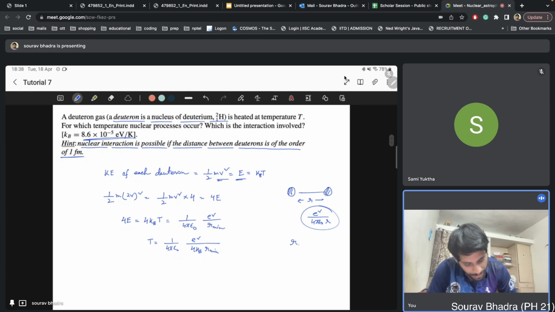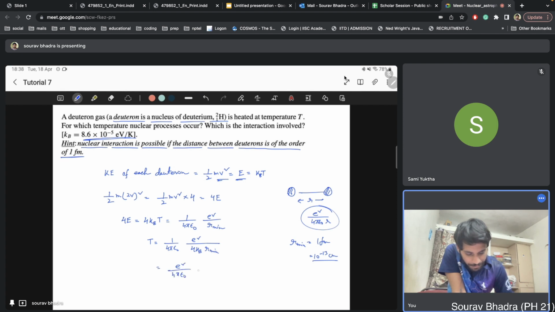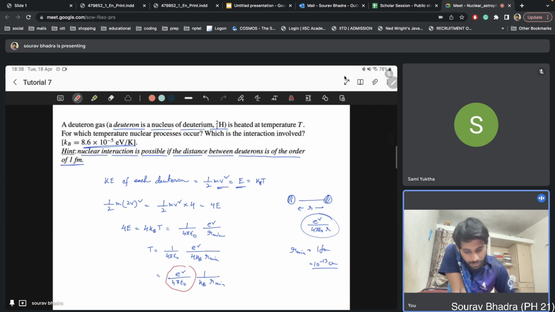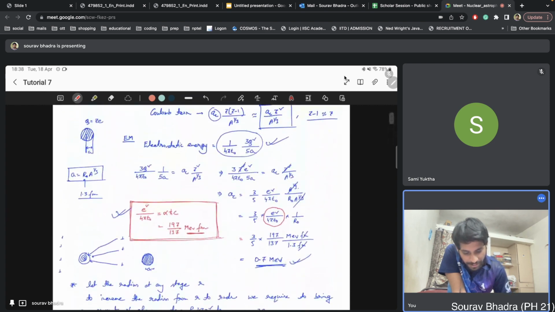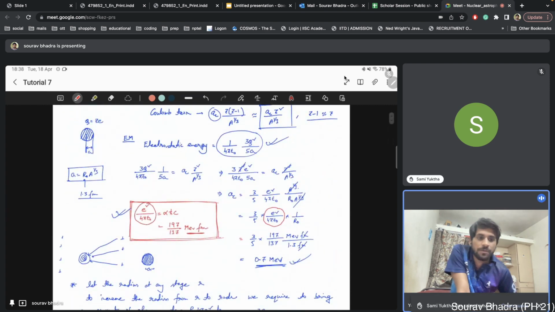So our r min is 1 femtometer, that means 10 to the power minus 13 centimeter. We will use that, and you can see again we are getting that particular term, e square by 4 pi epsilon 0, which is very important. I have told you in the first problem itself that this is e square by 4 pi epsilon 0.